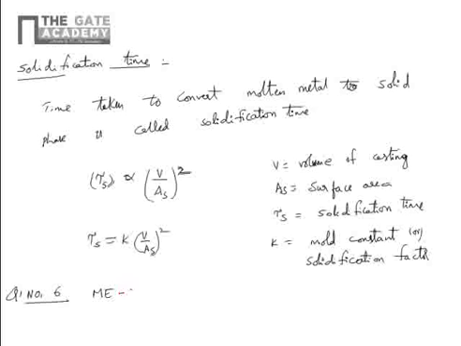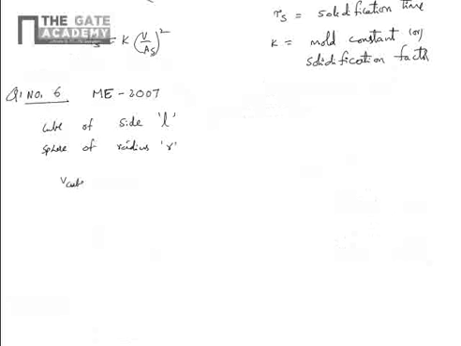ME 2007. So here the volume of a solid cube of side L and the volume of a sphere of radius R are equal. So the volume of the cube he has given is equal to the volume of the sphere. Both cube and sphere are solid and of the same material. They are being cast.